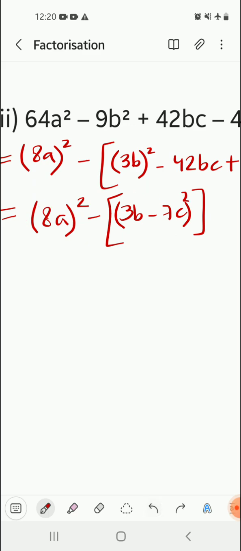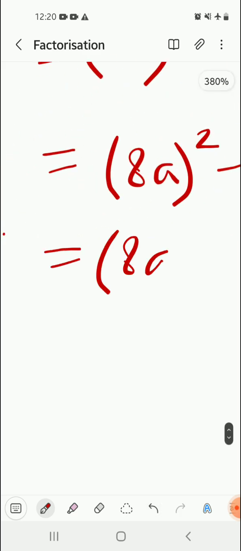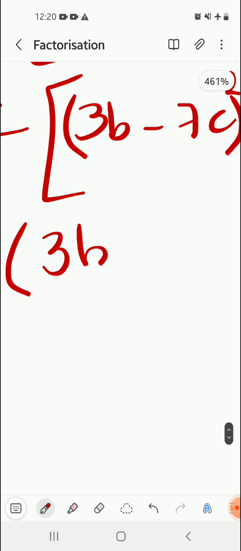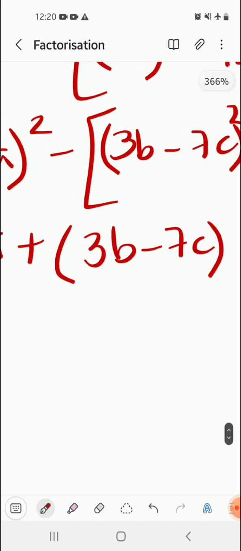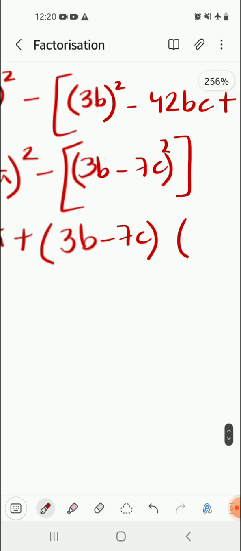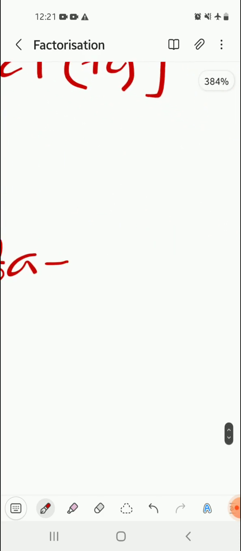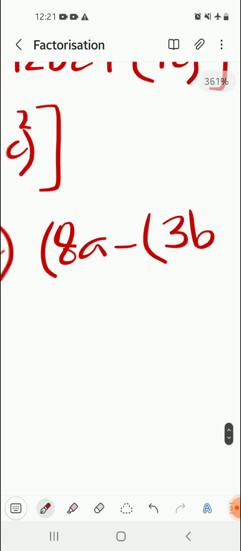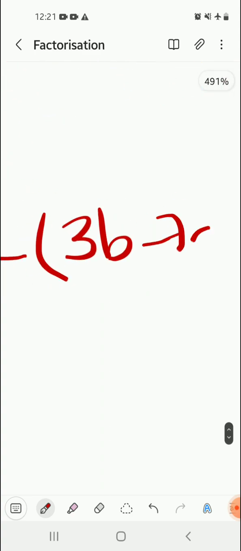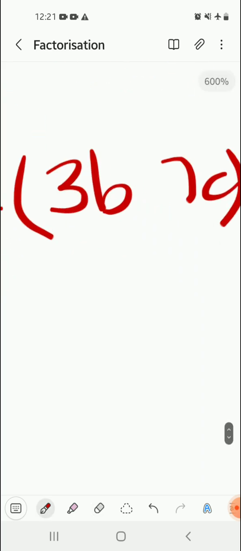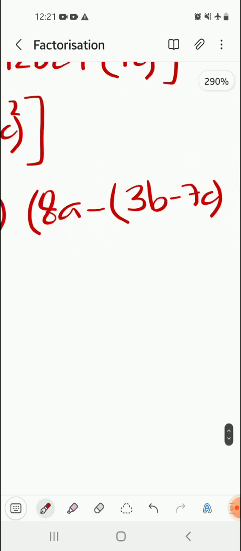So we are going to write a plus b. B over here is 3b minus 7c into a minus b, that is 8a minus, b is 3b minus 7c. This is a minus sign, minus 7c.